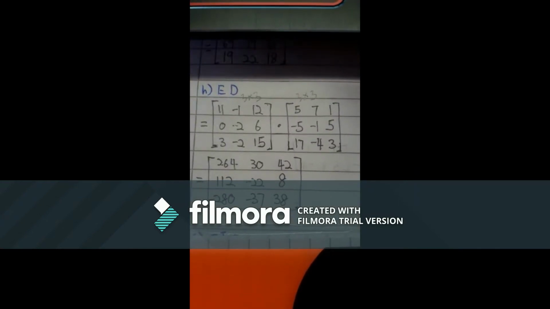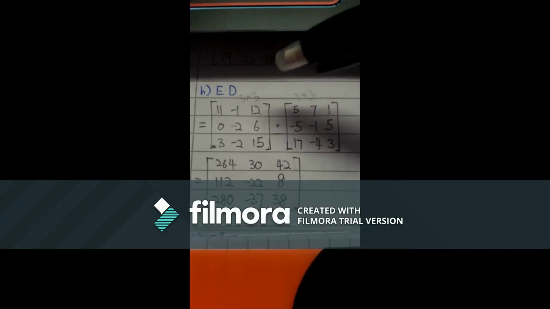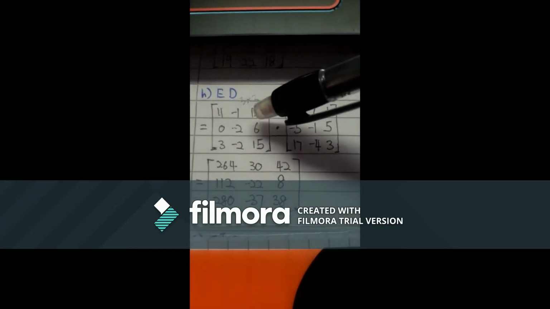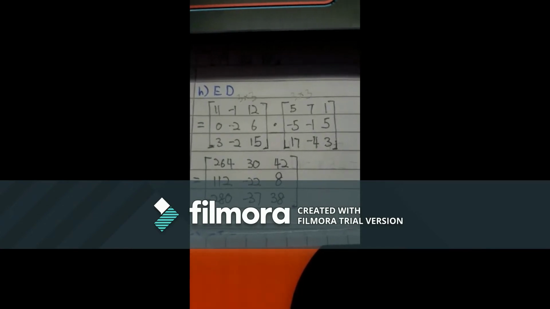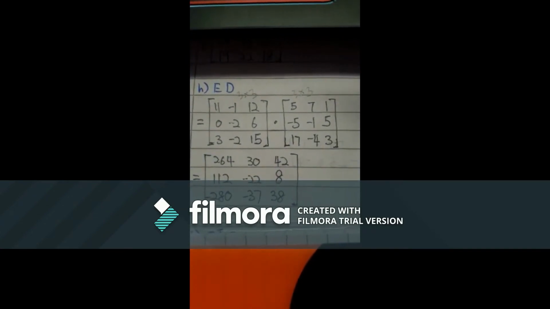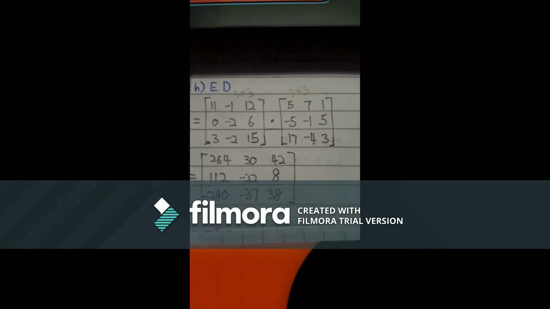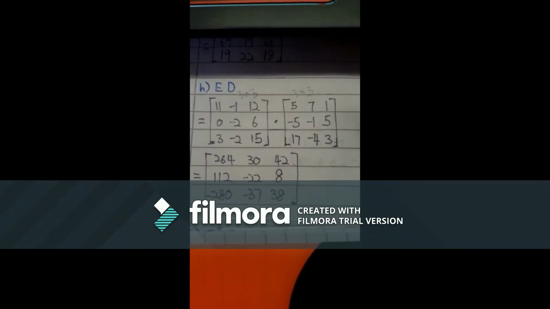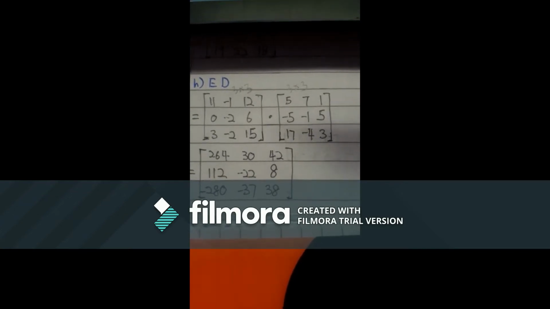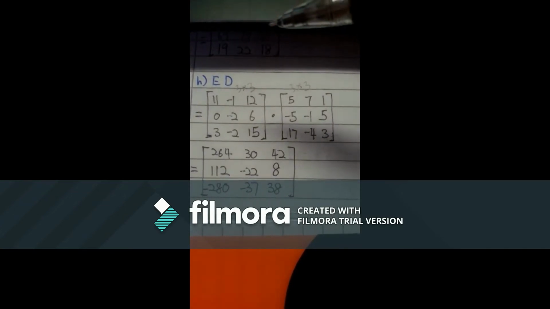Question H is to find E times D. The first matrix is E and the second is D. The dimension of both matrices is 3 times 3. Therefore, they can be multiplied together. First, we need to find the first row and first column.